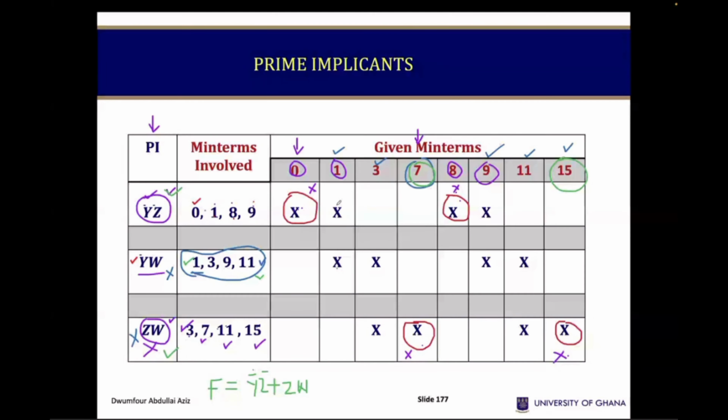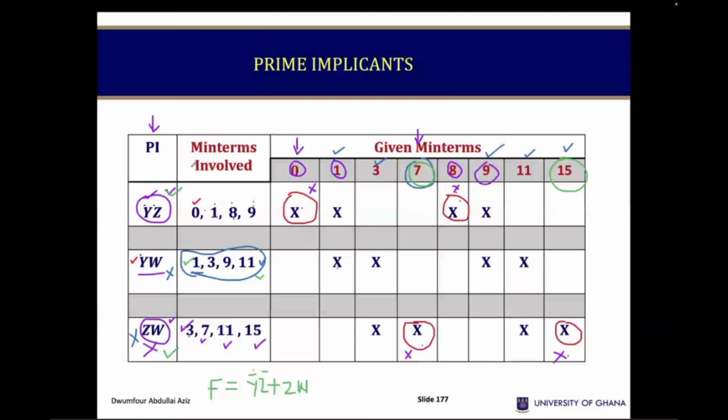I'm a bit confused because I'm forgetting what we learned earlier on. So how did we get to the mean terms for Y bar Z, which is 0, 1, 8, and 9? How did we get that?